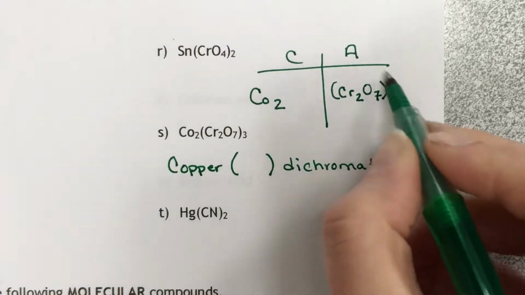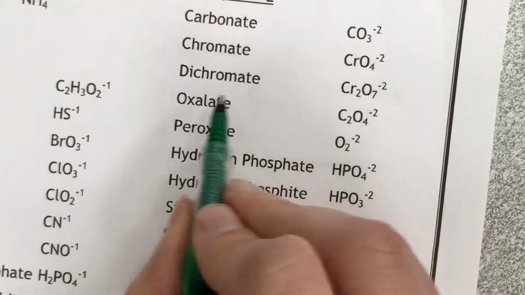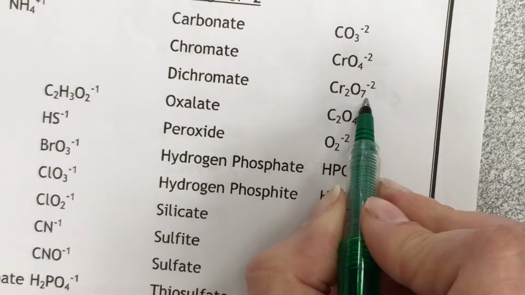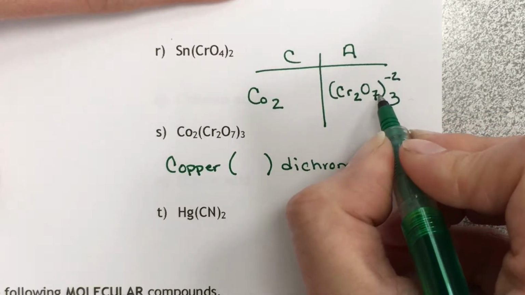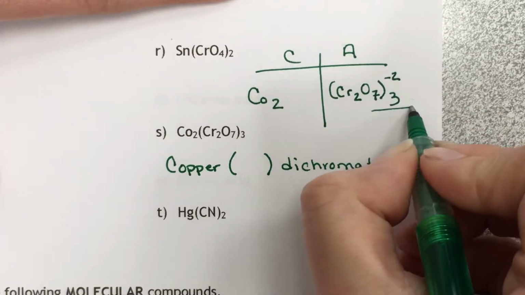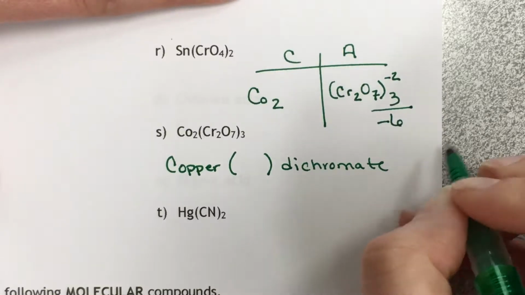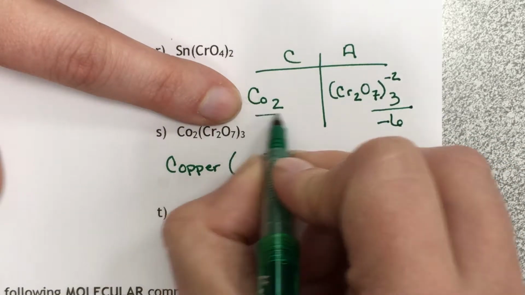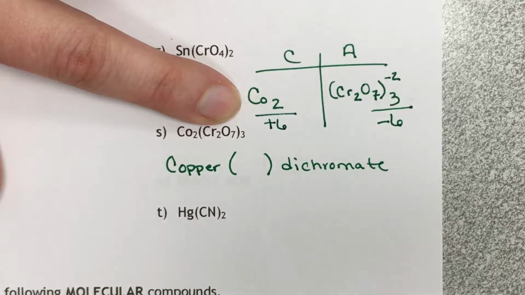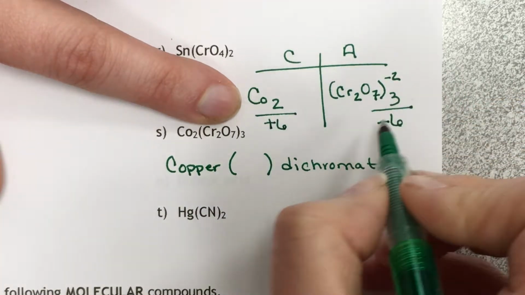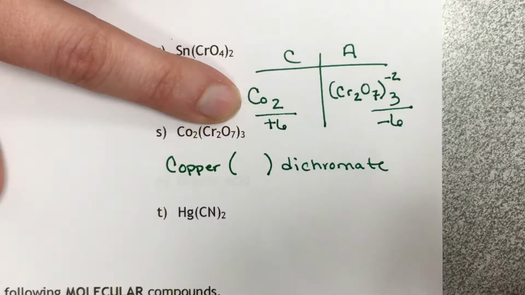Since dichromate is a -2 charge, we have a -2 charge here, 3 times. So that means our overall charge is -6. Copper, we have 2 of them. The overall charge has to be a +6. So what could be multiplied by 2 to make a +6 charge?